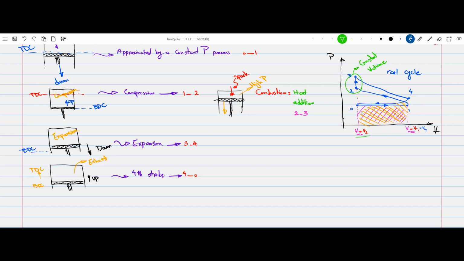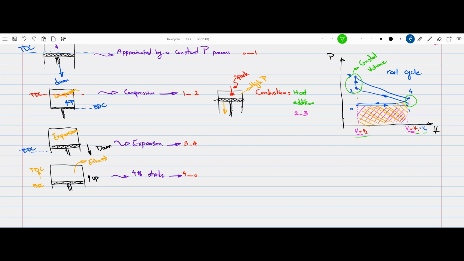Now that we know 4 to 0 and 0 to 1 are kind of the same processes, we can look at 4 to 1. Yes, in a real cycle, they are not connected. But when you look at 4 and 1, you realize that they are sharing the same volumes at states 1 and 4. And 4 to 0 and 0 to 1 are the same.